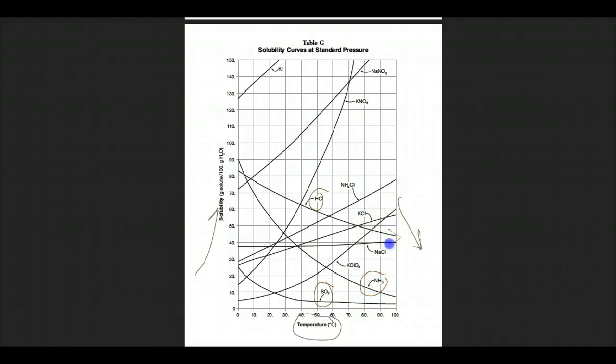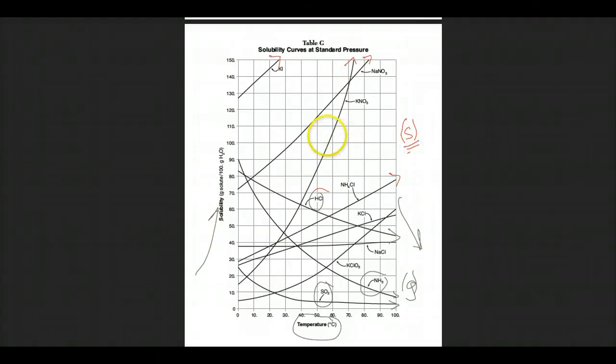These ones that are going down as temperature increases are the gases. So gases' solubility decreases as temperature increases, and we call it thermal pollution. As you add more heat to a small body of water or a large body of water, you lose your dissolved gases. Okay, but most of these are going up, and the ones that are going up are solids. And that's something you should know.